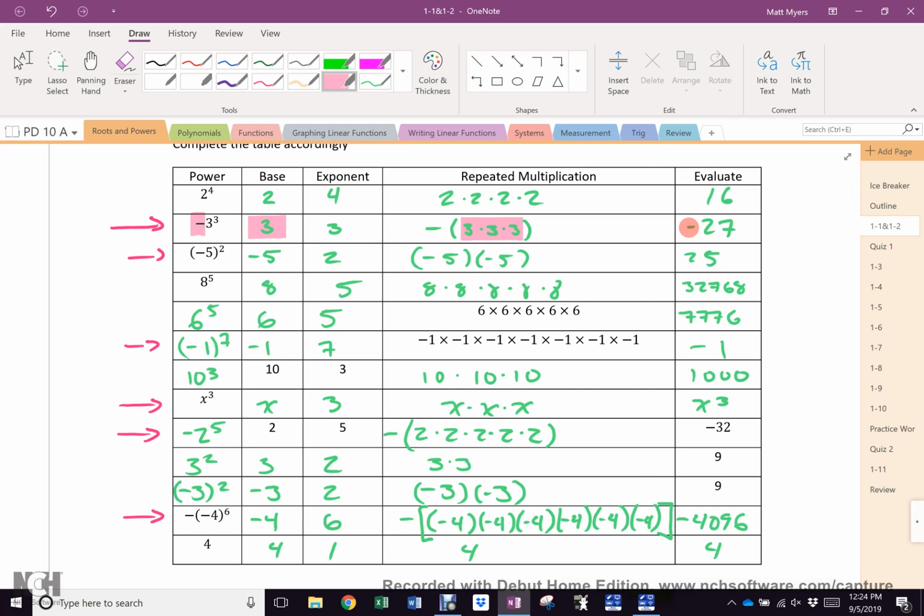Yes, that was something else that I would have brought up. You can also remember that this is technically -1 times 3 cubed. And the 3, since it's an exponent and it only applies to what's immediately right, it only applies to the 3. Avnor.